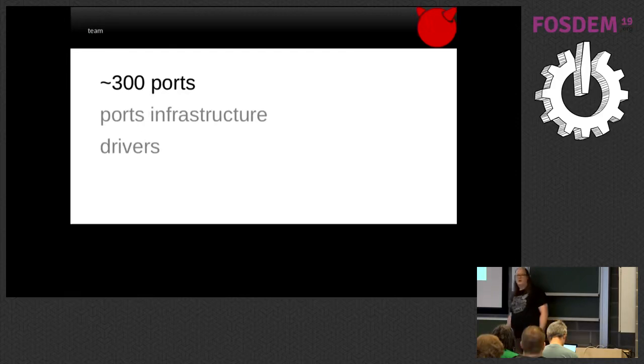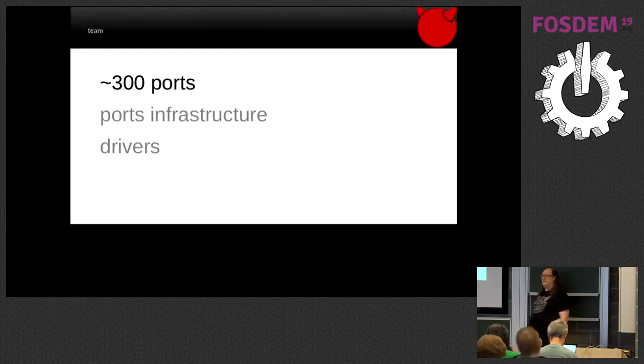So what is the team maintaining? It's about 300 ports. That doesn't sound like very much. I did an experiment once, and I broke one of them, and almost 30% of the FreeBSD port tree stopped compiling. So even if it's not that many ports, you'd rather not break them.